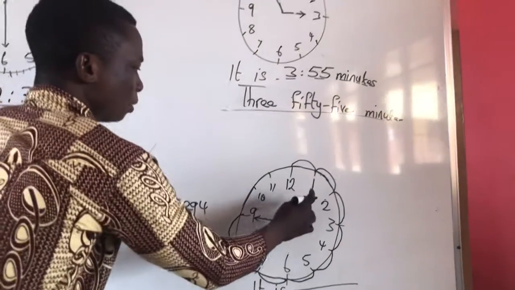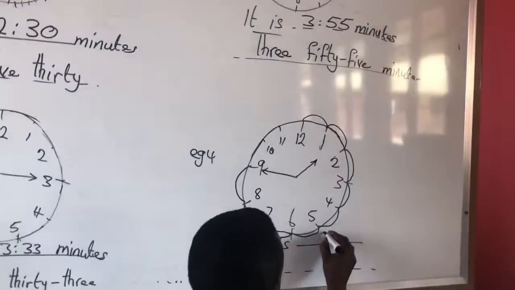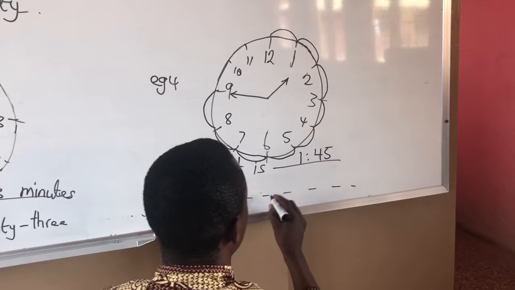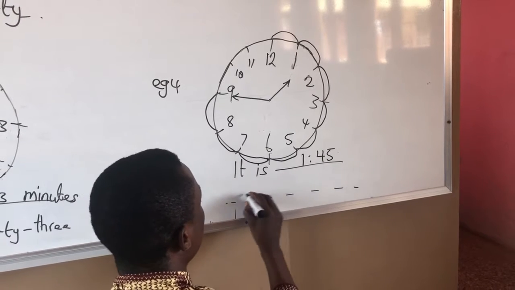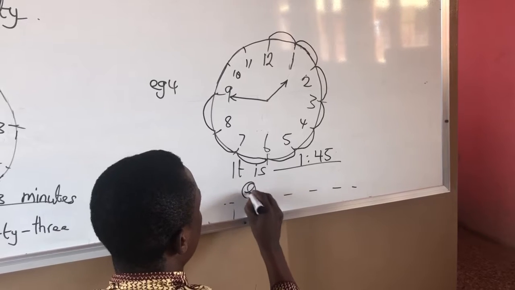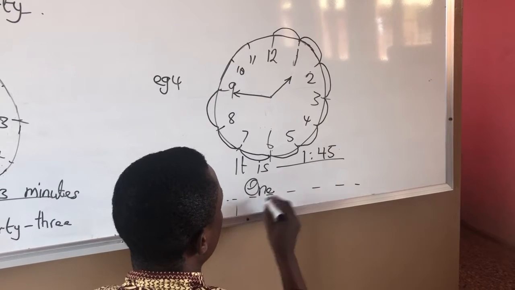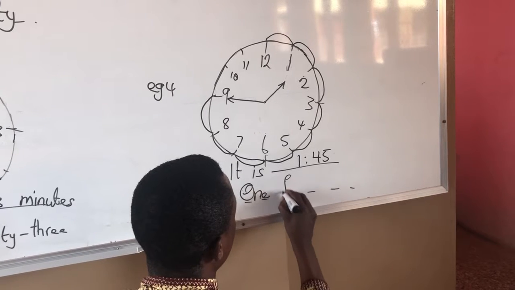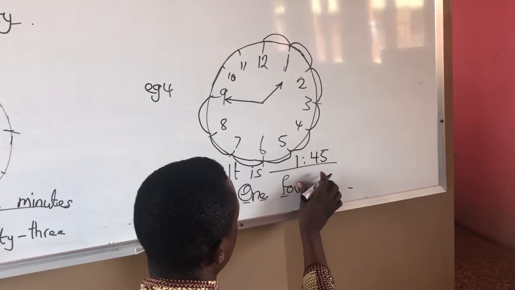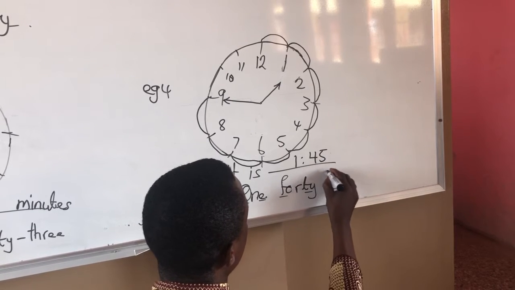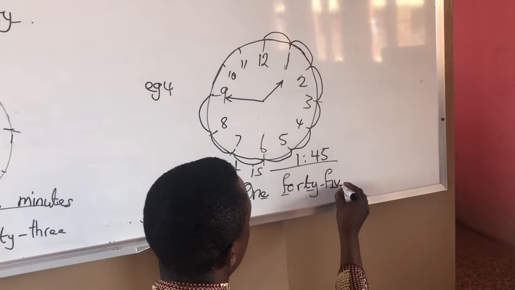So you write 1 what? 45. This is what? 1:45. 1 o'clock 45 minutes. So this is what? 1 o'clock 1:45.